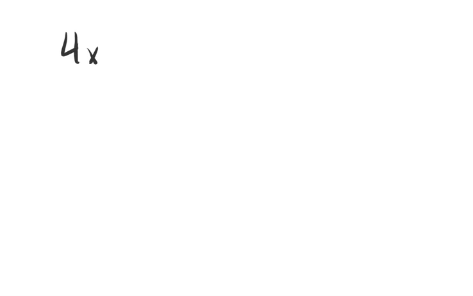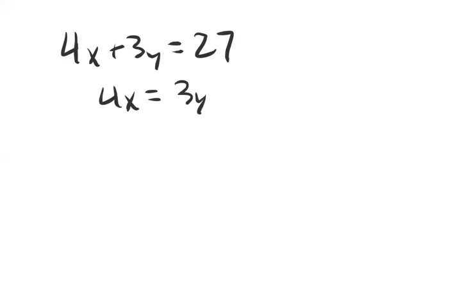We're going to have 4x plus 3y is equal to 27, and I'm going to have 4x is equal to 3y minus 27. So figure out how you're going to solve this one, whether it's substitution or elimination, and go ahead and solve that one. Once you get an answer, go ahead and put it in the chat. Let's see if we agree.